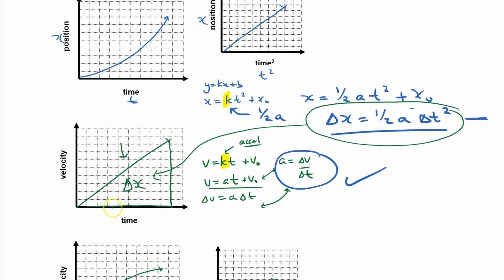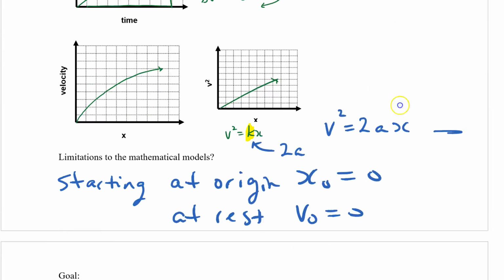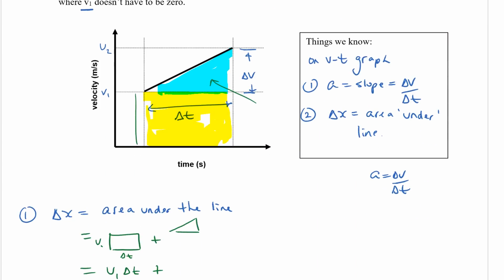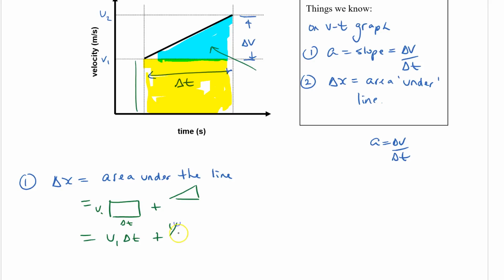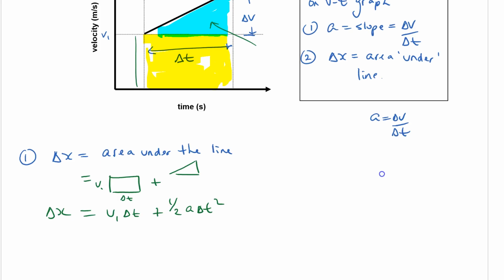So when I have this triangle shape from an object that's accelerating, it's actually 1/2 times a times delta t squared. So we're kind of borrowing from that piece. So I'm going to say that that triangle area is equal to 1/2 times a times delta t squared. That is my delta x.